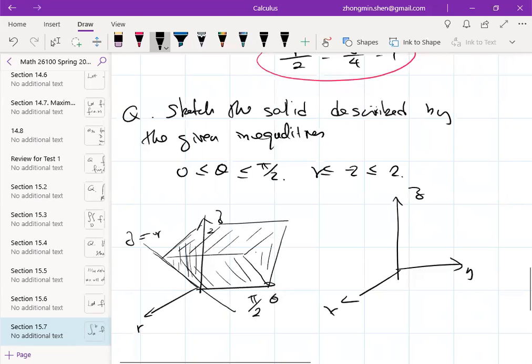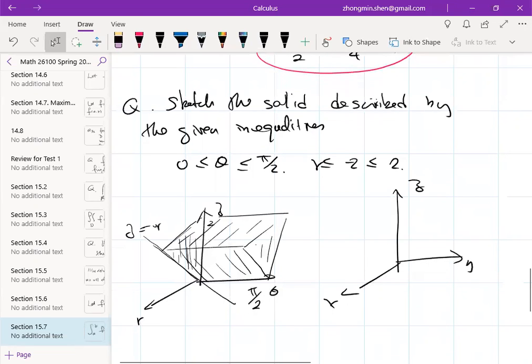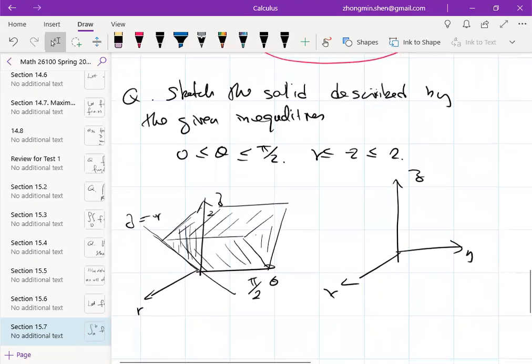So how can I describe the picture over there? Well, in the cylinder, z is between 0 and 2. Theta is between 0 and pi/2, so it's just a quarter of the cylinder.